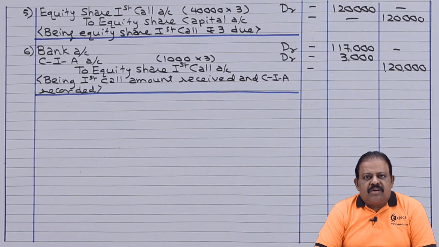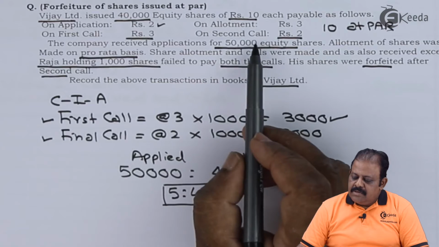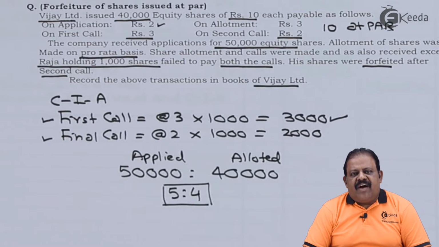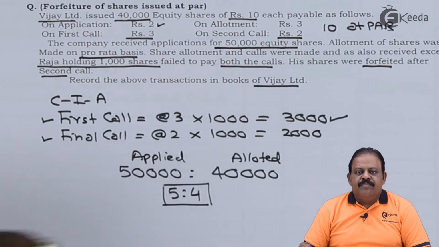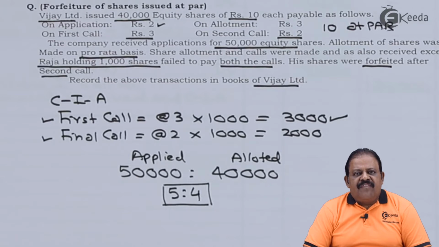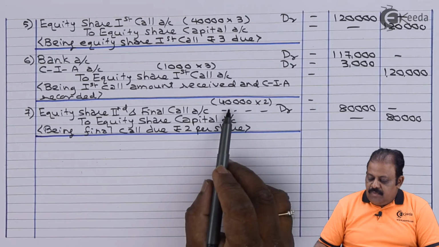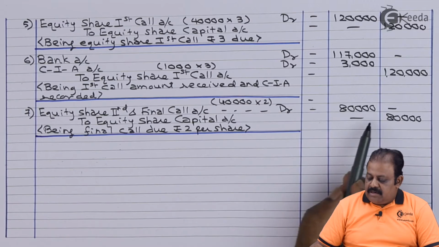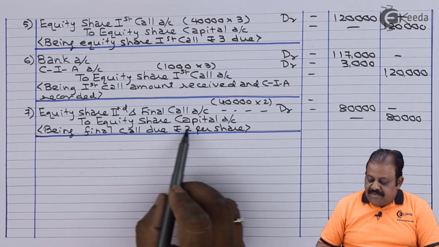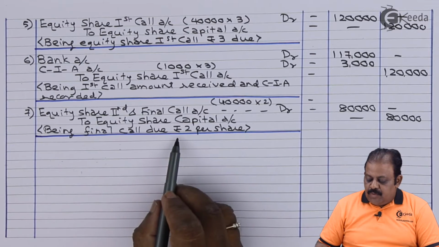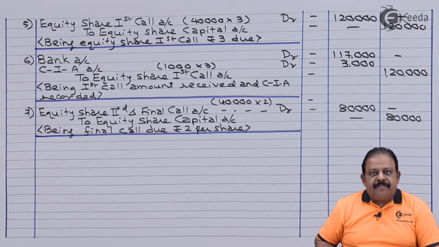Let us proceed to the final call. The second and final call is of rupees 2. The company will be sending final call letters to the shareholders demanding the final call of rupees 2. Accordingly, the entry for final call due will be recorded in the books. Equity share second and final call account debit, 40,000 multiplied by 2 per share, 80,000, to equity share capital account 80,000, being final call due rupees 2 per share.